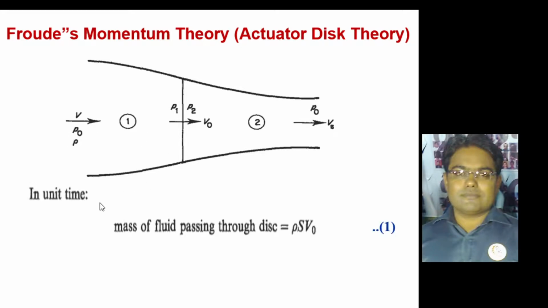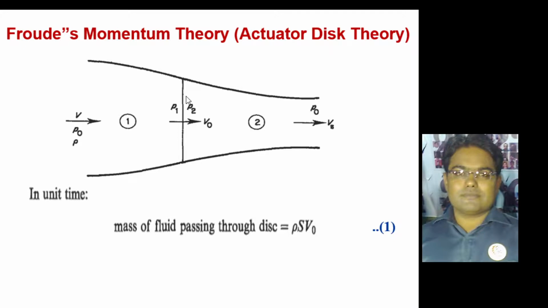So in unit time, the mass of fluid passing through the disk is density times area times velocity. The velocity at which fluid enters the disk is V naught, so density times area times V naught. And the area at the front and back is the same.